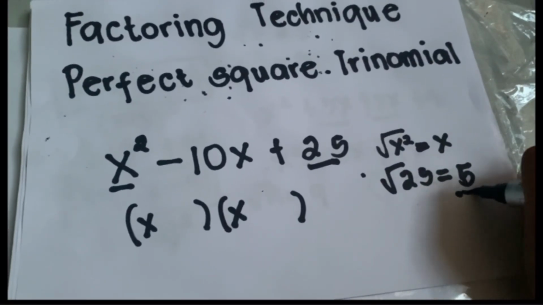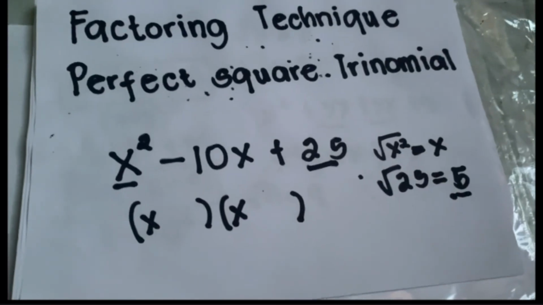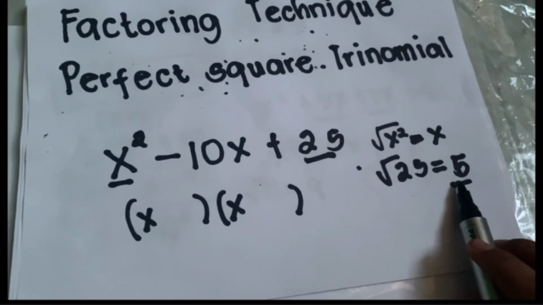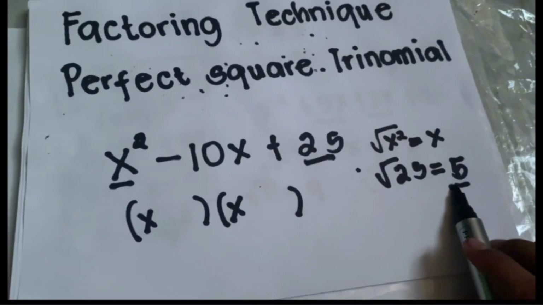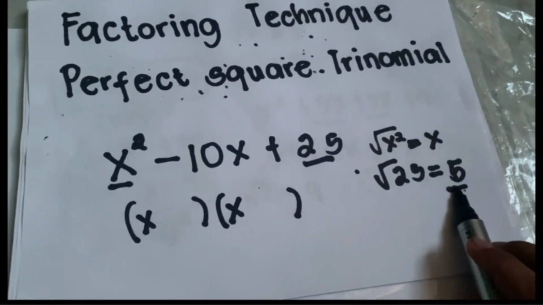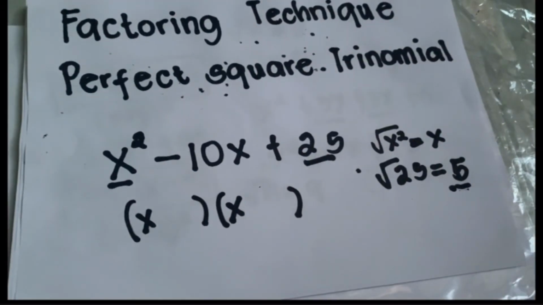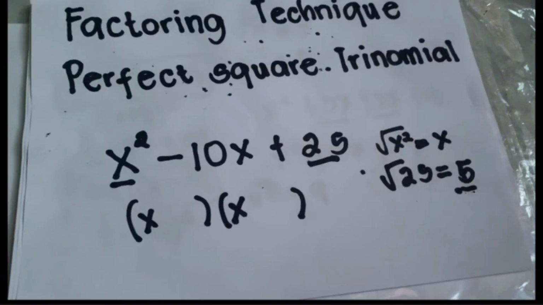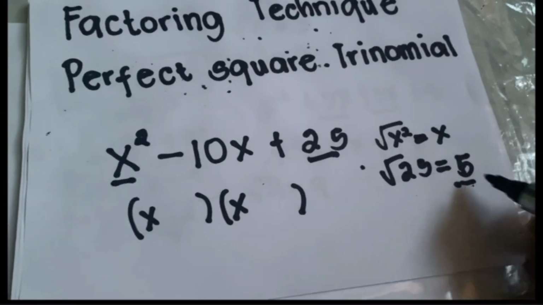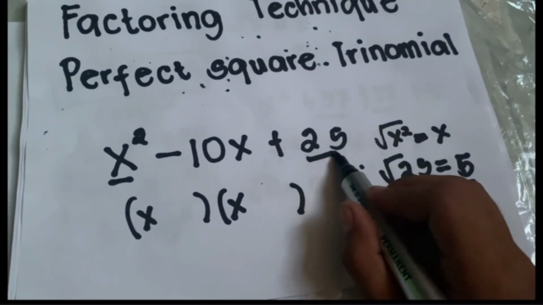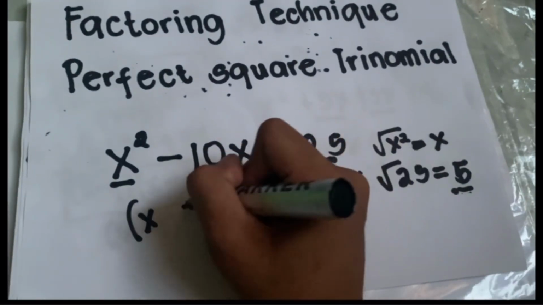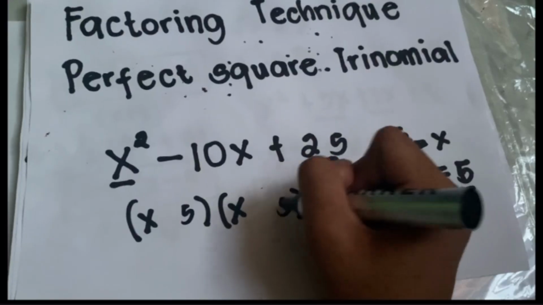It is a perfect trinomial because if we multiply this 5 by 2, that is equal to 10, which is the coefficient of the middle term. So the square root of our last term is 5, and we put it here.